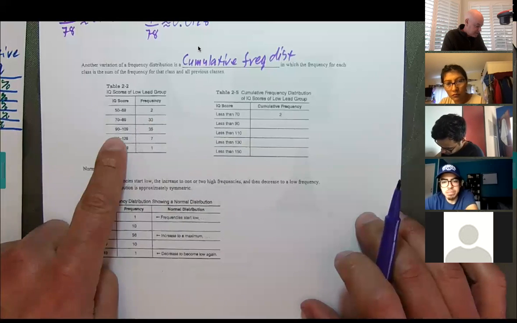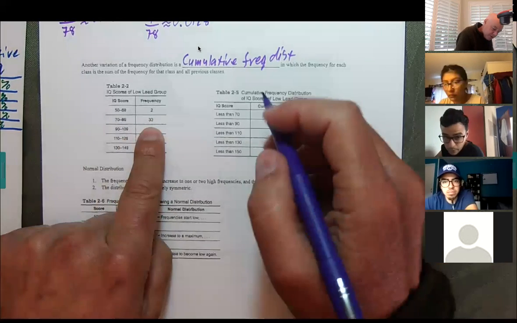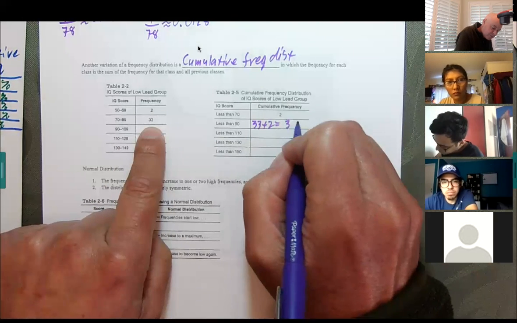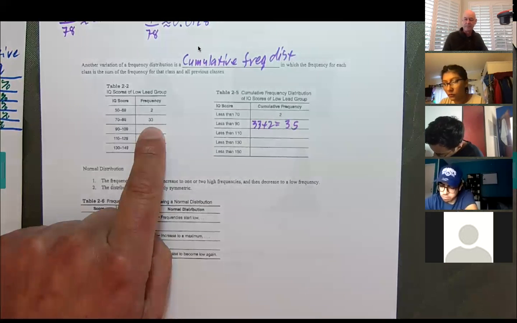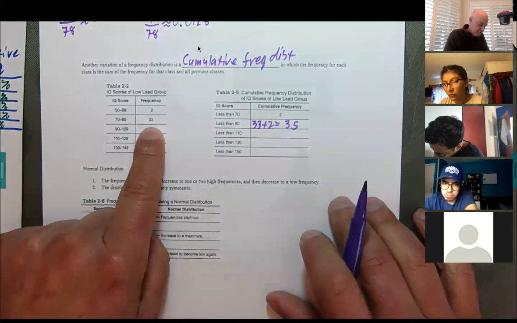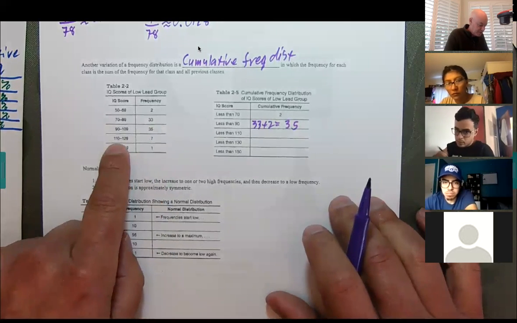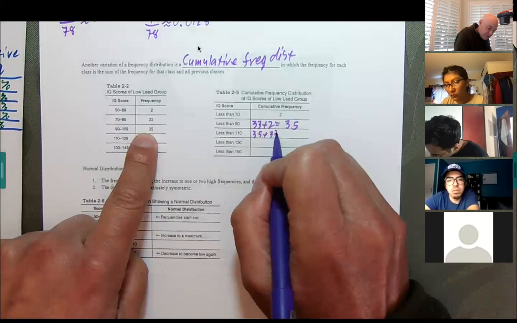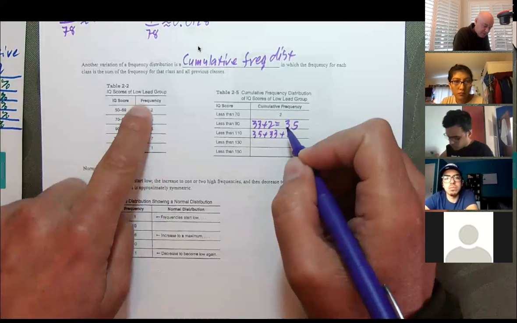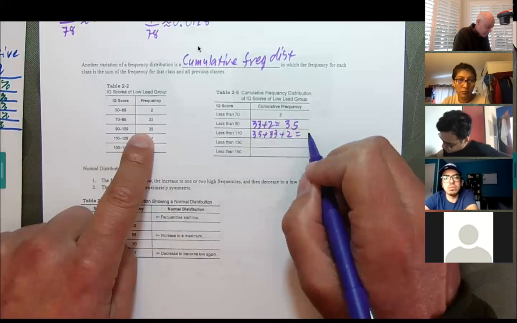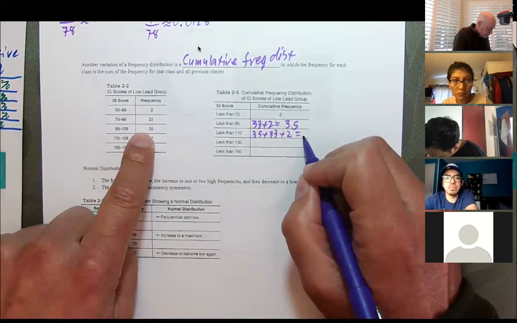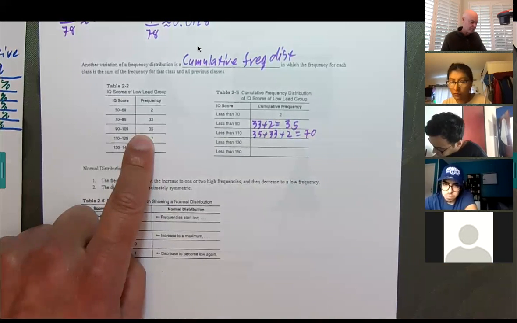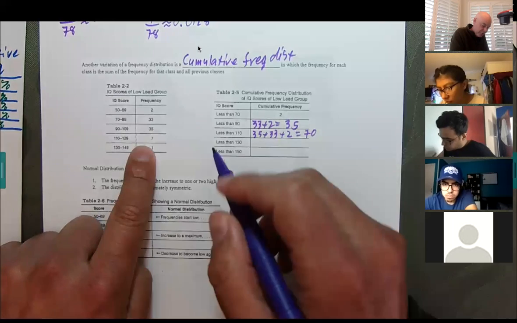How about less than 90? Here's 90. How many are less than 90? Well, that's going to be 33 plus 2, which is 35. How many are less than 110? Well, that's going to be 35 plus 33 plus 2, all the previous ones here. Less than 130?